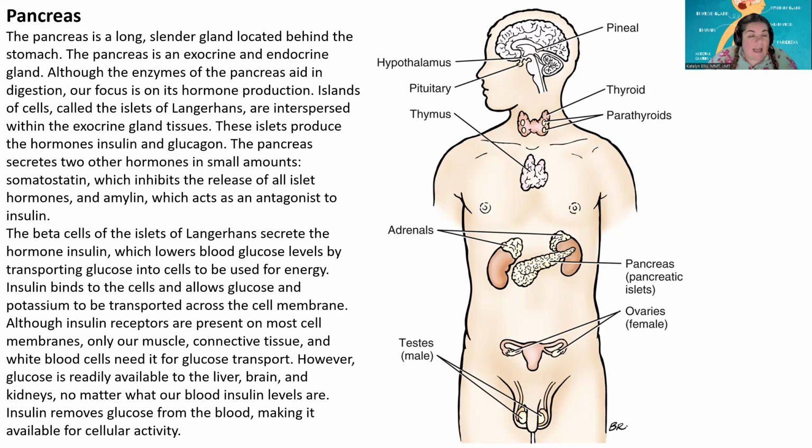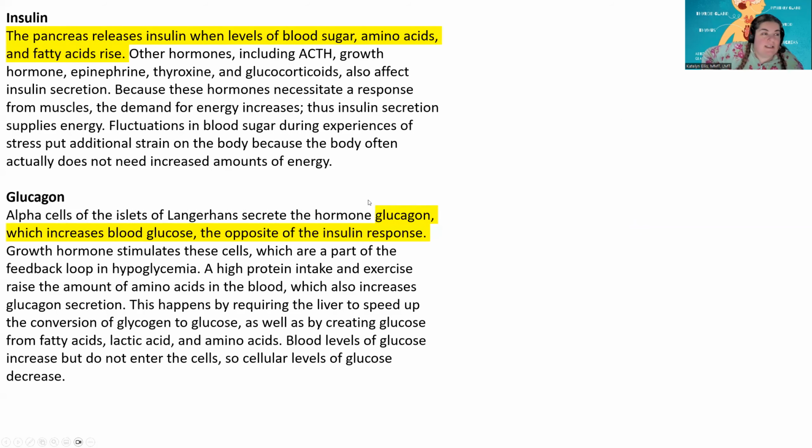It does absolutely help with blood sugar levels, with blood glucose levels, by transporting glucose into cells to be used for energy. Your pancreas is involved with insulin production. We're going to talk about the 2 main hormones of the pancreas here in just a moment. Insulin.